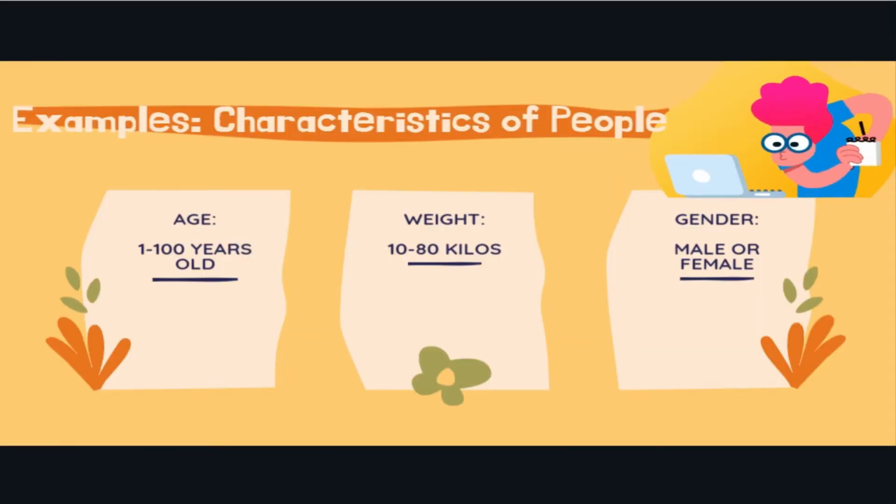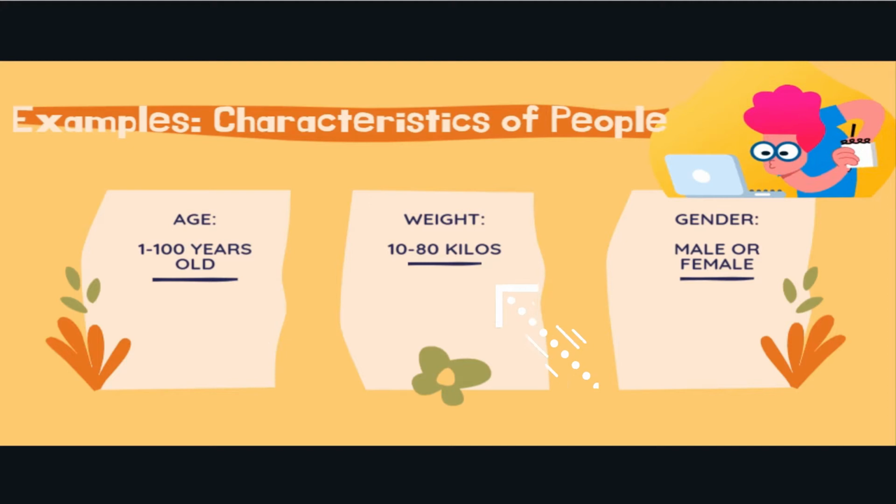For example, age is one characteristic of people. You can inquire and verify the age of a person using valid IDs. It is likely that age can take on values between 1 and 100. Any number higher than this, for example 139 years old, is not likely. 39 years old is more likely.